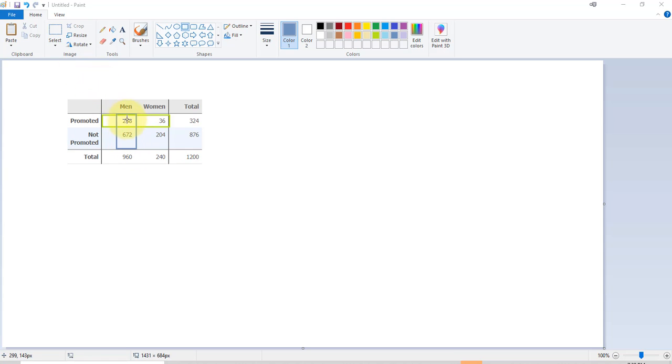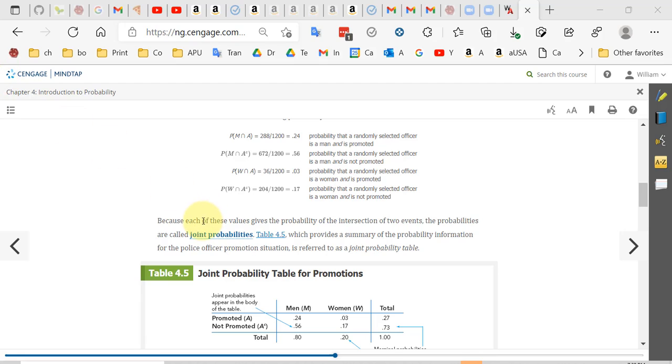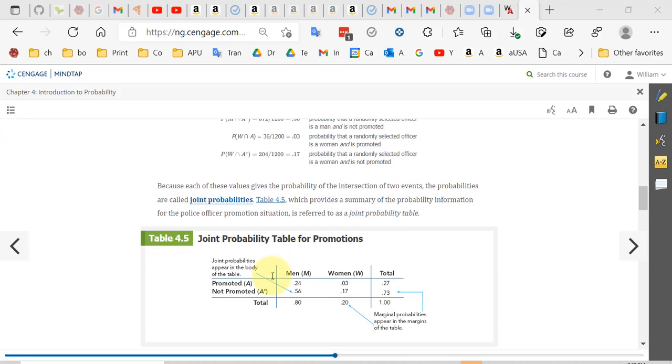So the intersection is also an event, and it's called the joint probability of promoted and men. Because each of these values gives the probability of the intersection of two events, the probabilities are called joint probabilities. So each of these is referred to as a joint probability, which provides a summary of the probability information for the police officer promotion situation. And this table here is referred to as a joint probability table.